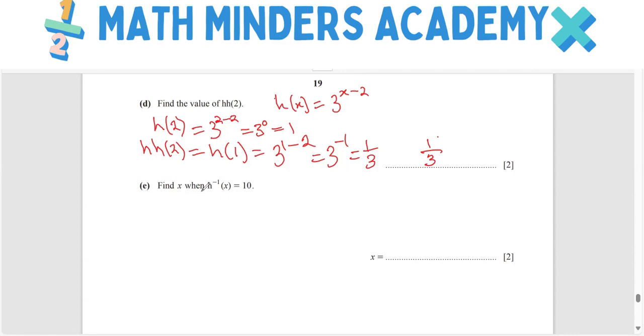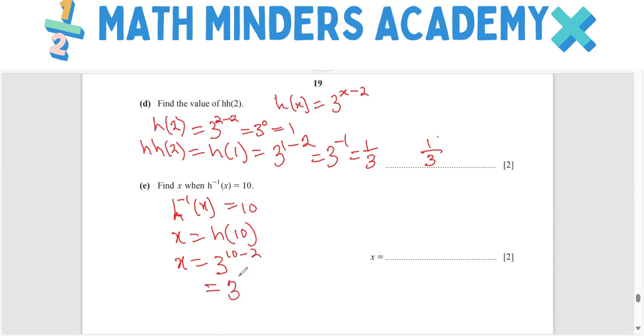And finally, 9e, we are asked to find x when h inverse of x is 10. So here, if h inverse of x is 10, it means therefore that x is h of 10, which is going to give us 3 raised to power 10 minus 2.